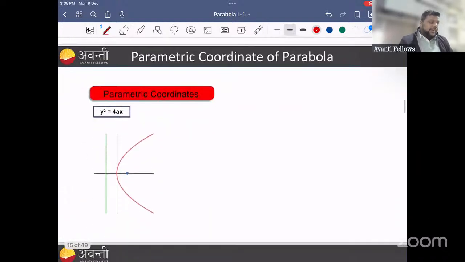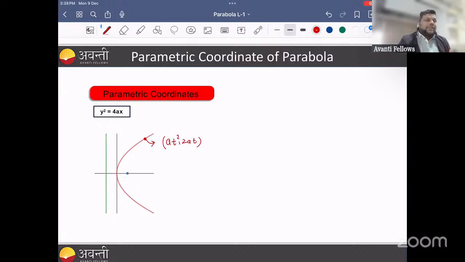Now, parametric coordinates of a parabola. Parametric coordinates are the coordinates in terms of some parameter. You keep on placing different values of the parameter, you keep on getting different points on the conic. Like in this case, y square equals 4ax, the parametric coordinates that we will always be focusing on will be at square, 2at.